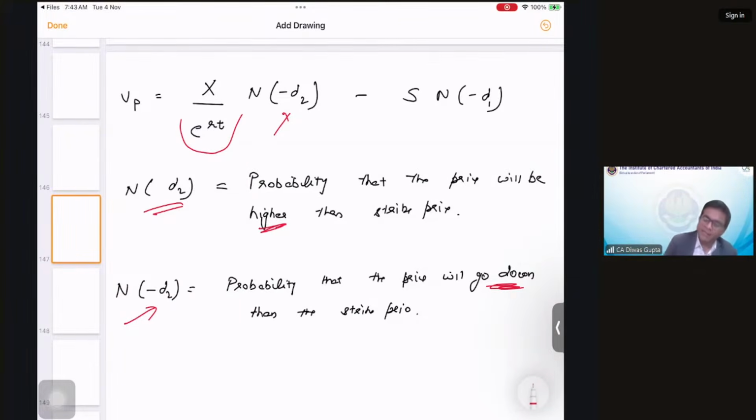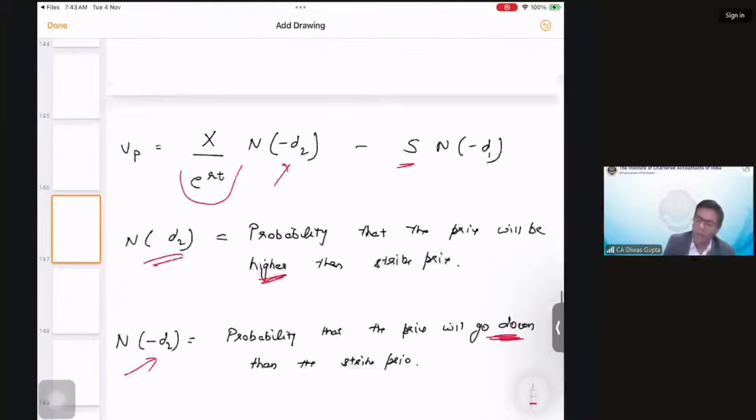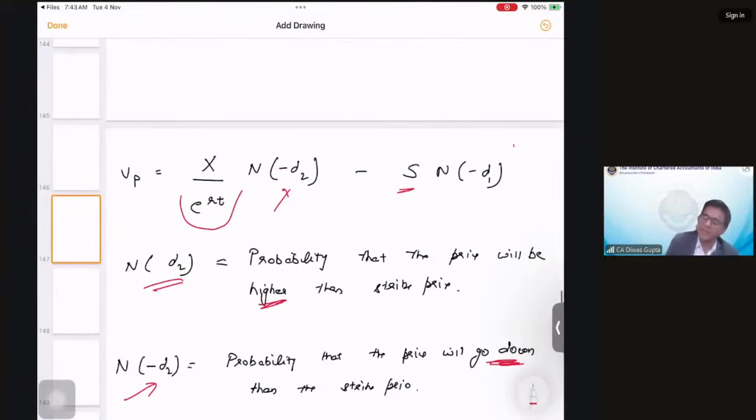Clear? Similarly, minus spot price multiplied by N minus d1. Again, for one option, how many shares? This will answer the question. Clear, students? So this is just the opposite formula of the call option that is used in the put option.